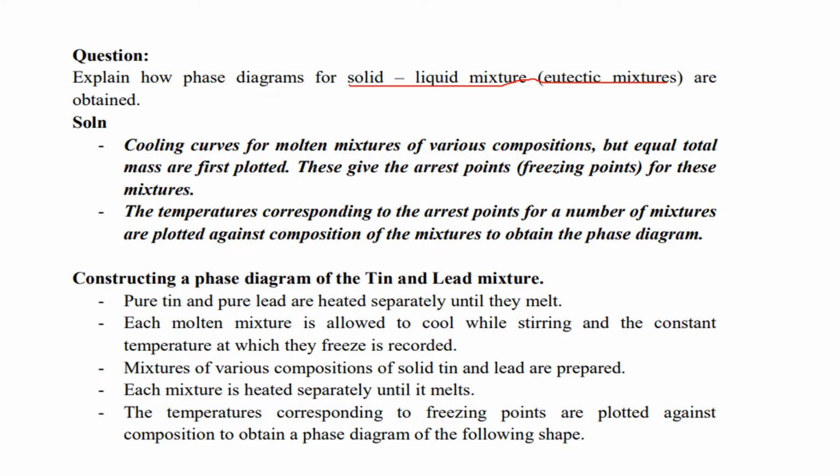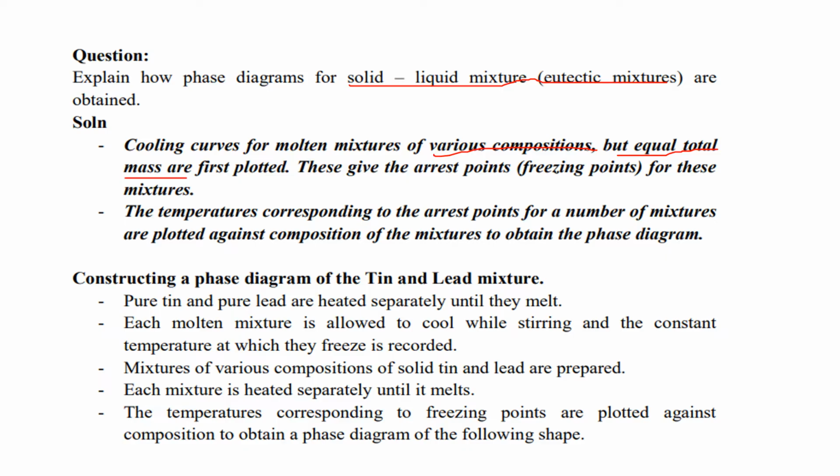So this is what I summarized in this solution. The cooling curves for molten mixtures are going to be of various compositions, but equal total mass. This is very important. We use equal total mass so that we can get comparable results, and we only vary compositions.